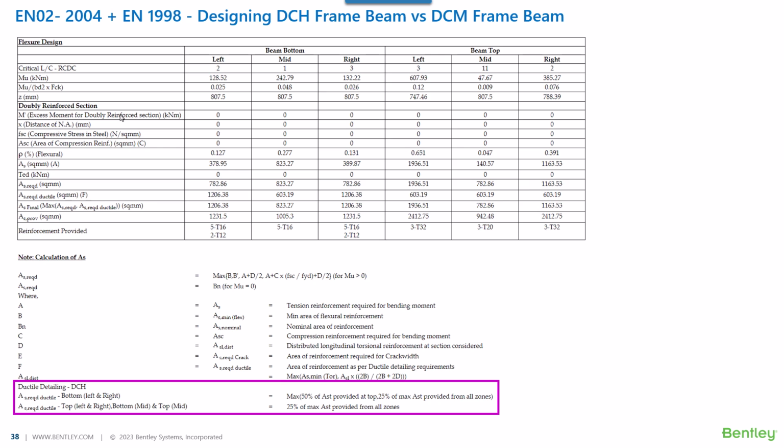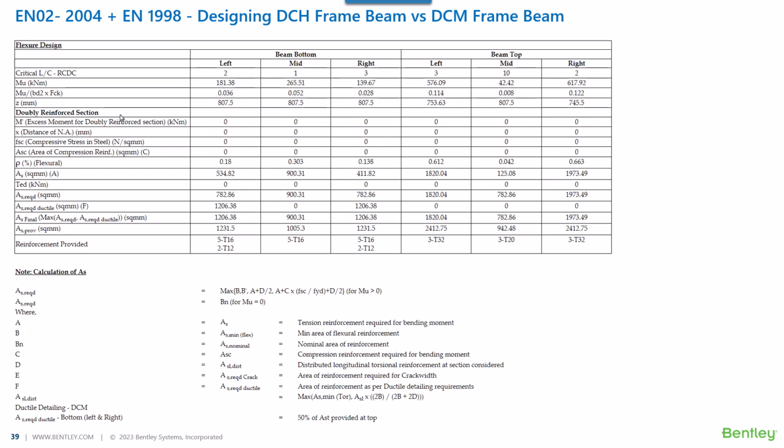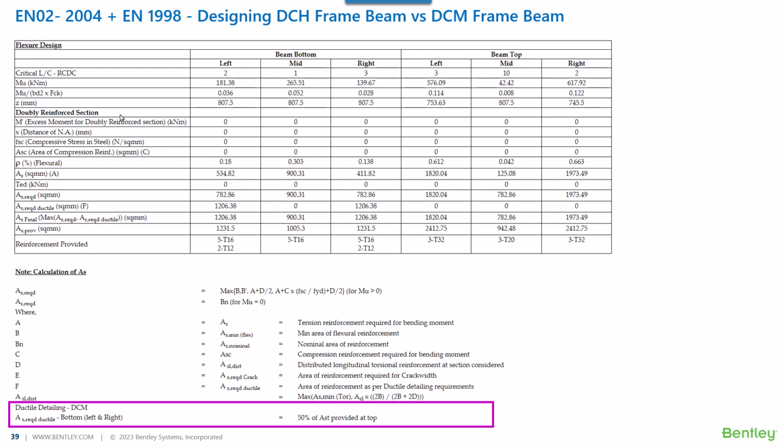locations. Like the ACI code, the Eurocode also suggests to provide a minimum of 50% of the reinforcement of what has been provided for the top support location. So that is computed with the provided reinforcement and not the required AST. That's for the ductile class high, and for the ductile class medium, it's just 50% of what has been provided at the top.